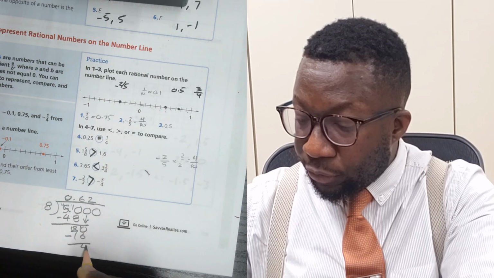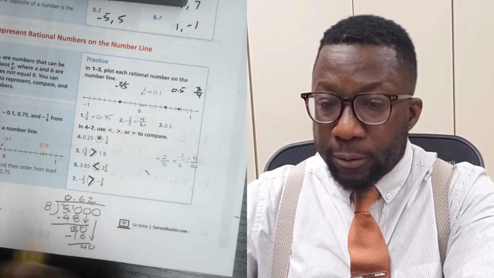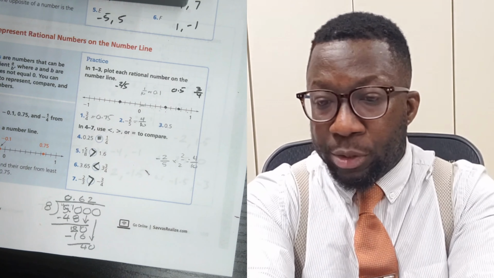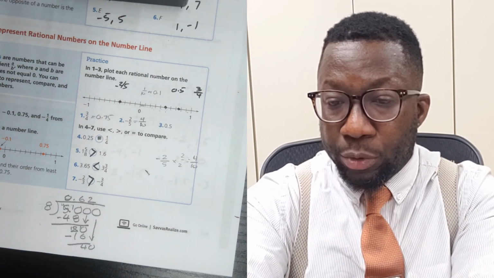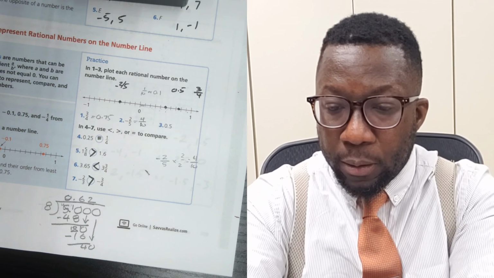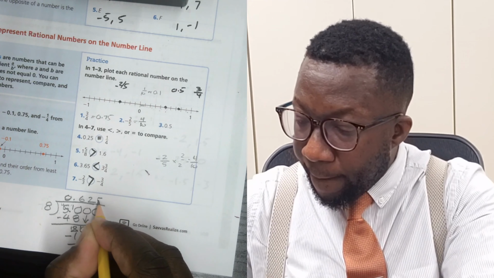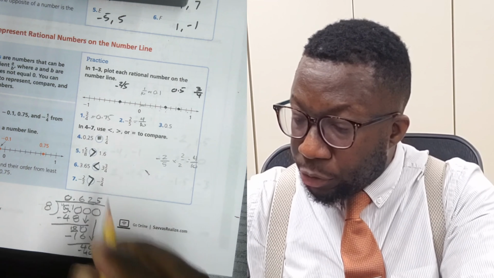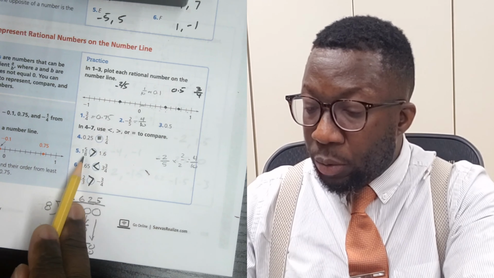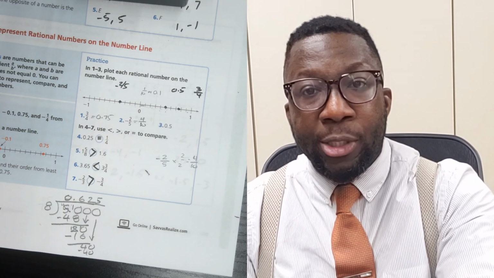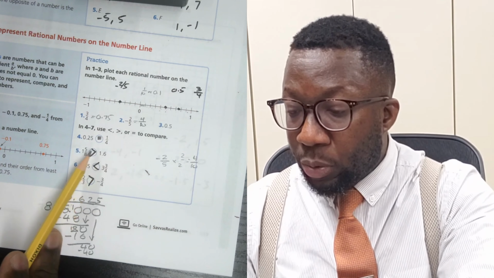Subtract, regroup, that's 4, bring down the 0. How many times can we subtract 8 from 40? And that'd be equal to 5. And so 1 5/8 is equal to 1.625. 1.625 is greater than 1.6, so that's why we have this inequality.